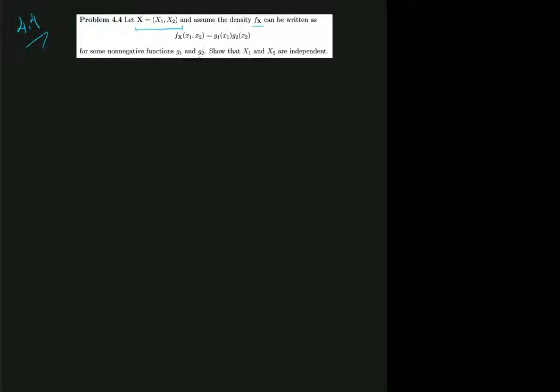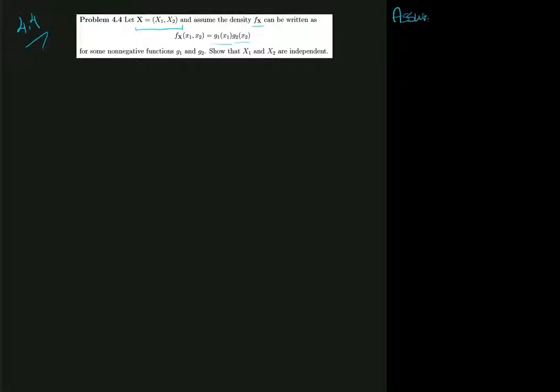And they say assume that we can write this density as g1 of x1 multiplied by g2 of x2 for two non-negative functions, g1 and g2. So what does this mean? This means assume that the simultaneous density of x1 and x2 can be split up into a product of two expressions, where one expression only depends on x1 and the other expression only depends on x2. So that's essentially what they ask us to assume.